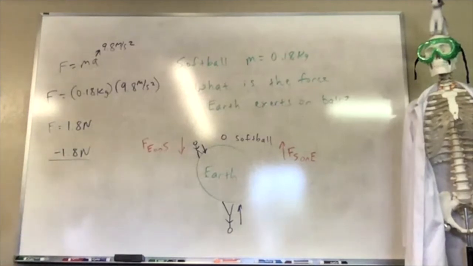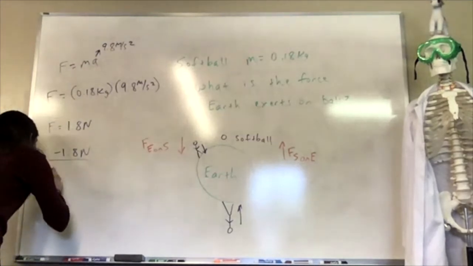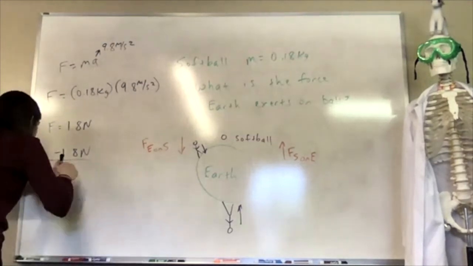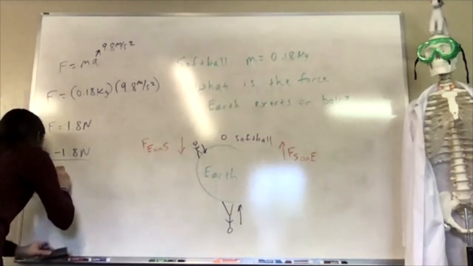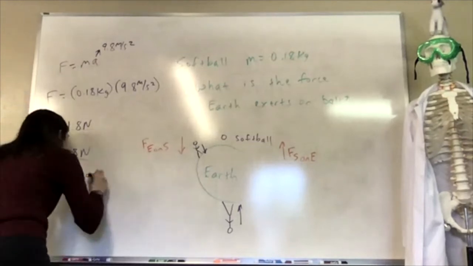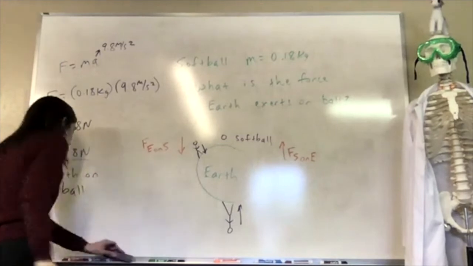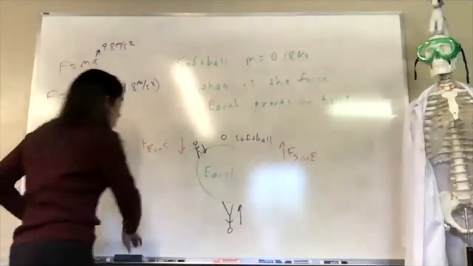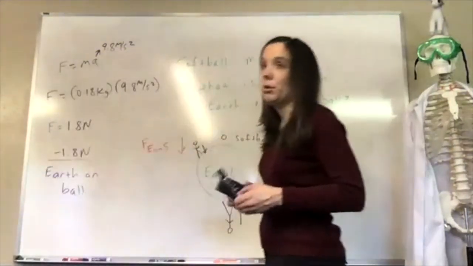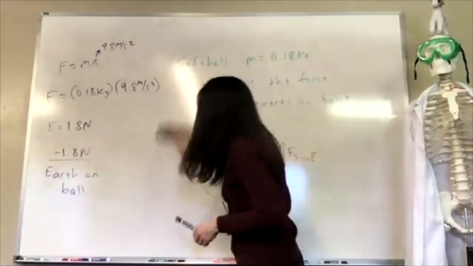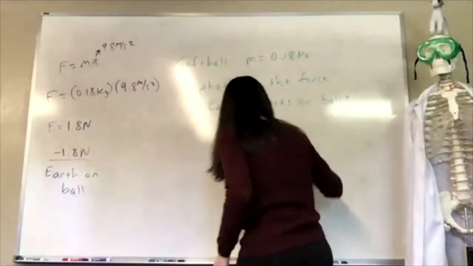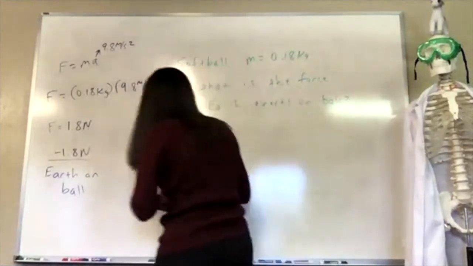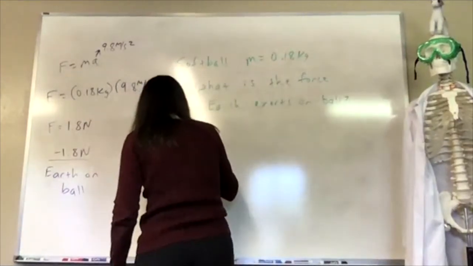And then what is the force of the ball on the Earth? Sorry, this is the force of Earth on the ball. And what is the force of the ball on the Earth? That's right, we just say upward, right? So we would say that the force of the ball on the Earth is the same magnitude. It's also 1.8, just in different directions.